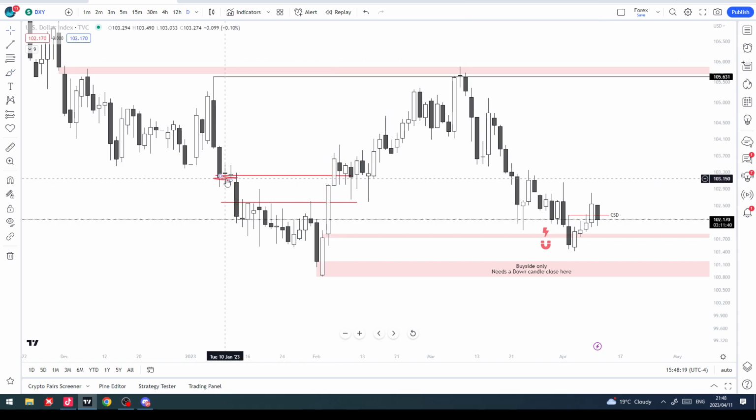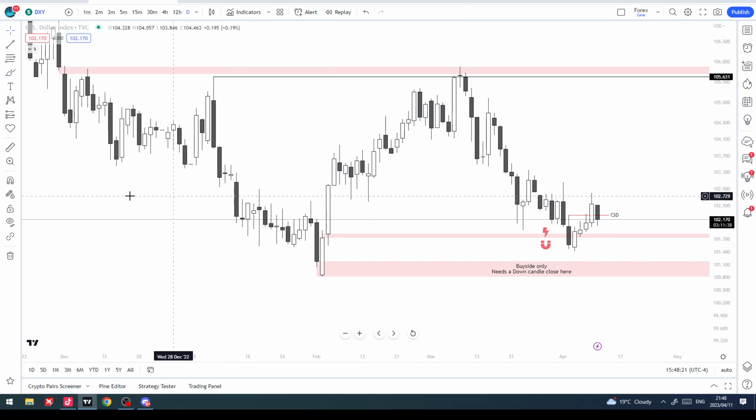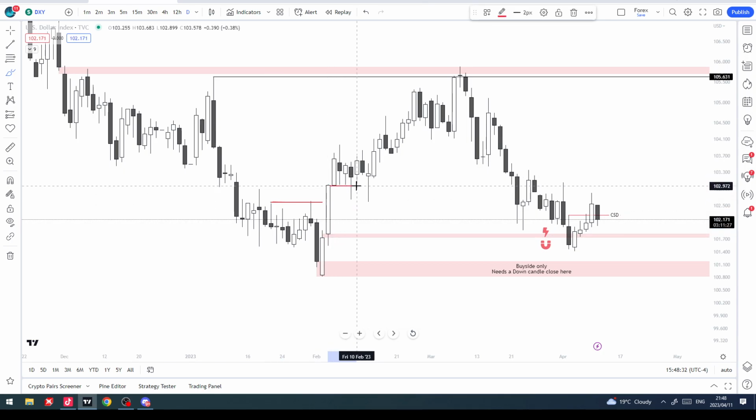Now, if you're looking at the start of the new delivery story that I've been telling you, look at this. Here's a high being broken. There's the candle that broke the high. There's the low, which I was talking about, today's daily low, after the very next candle being used as sell side.